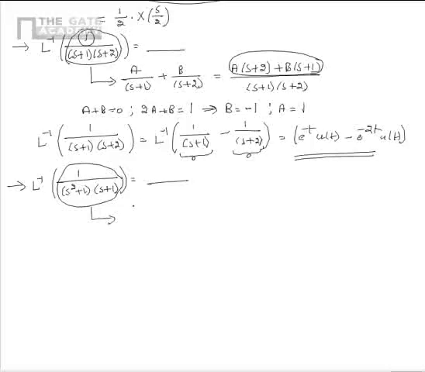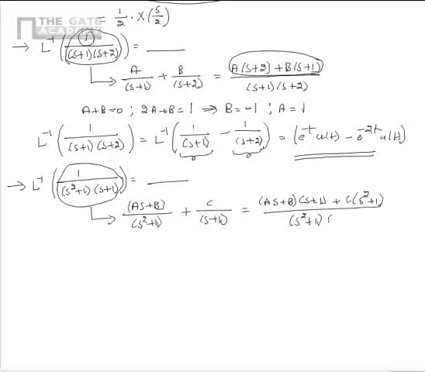So this can be written in partial fractions form as As plus B divided by s square plus 1 plus C divided by s plus 1. So this upon simplification becomes As plus B into s plus 1 plus C into s square plus 1 divided by s square plus 1 multiplied by s plus 1.